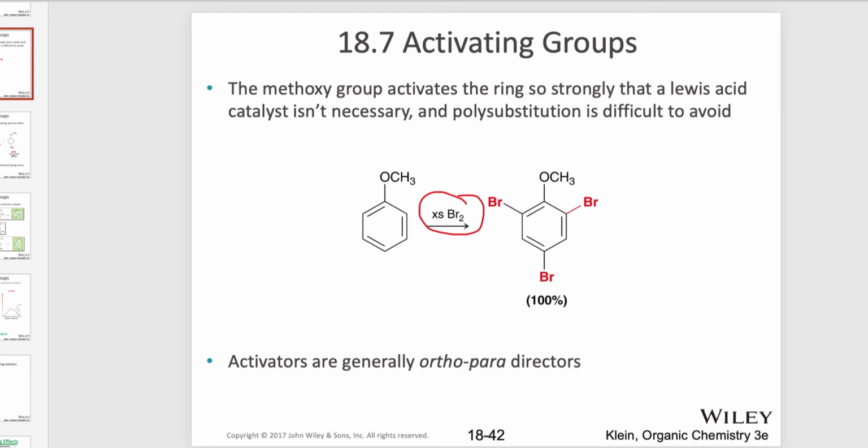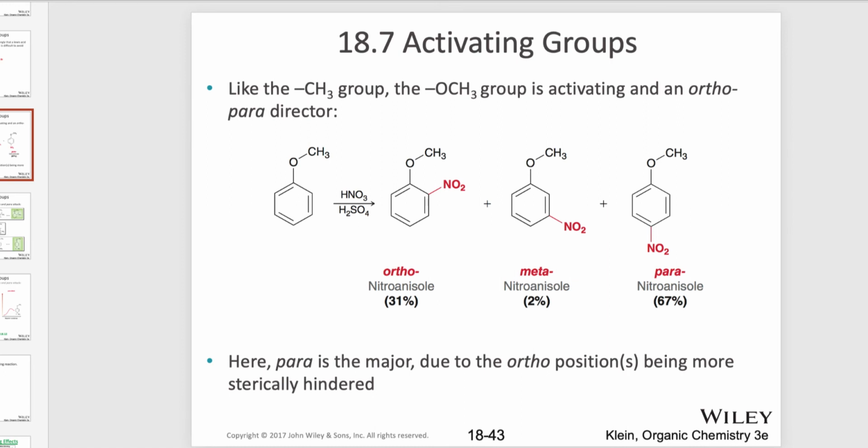As you can see, we get a quantitative yield, 100%, of replacing both the ortho hydrogens and the one para hydrogen with a bromine. So like the methyl group, the methoxy group, OCH3, is activating and ortho-para directing.